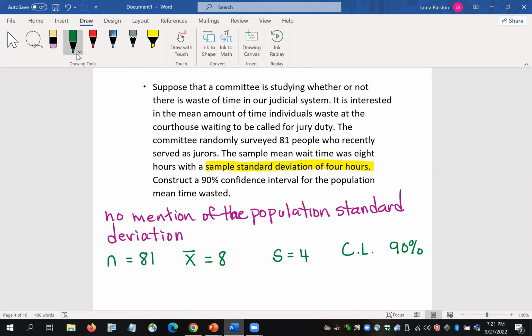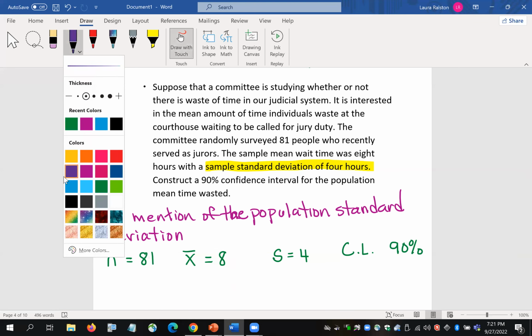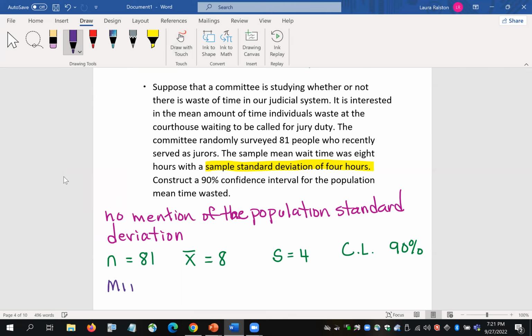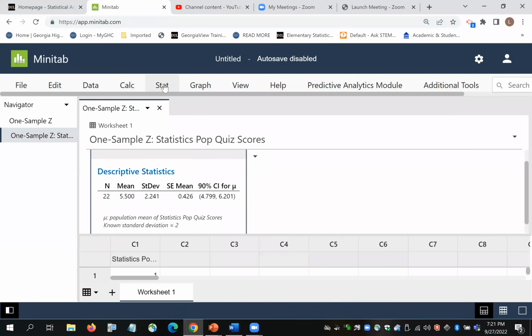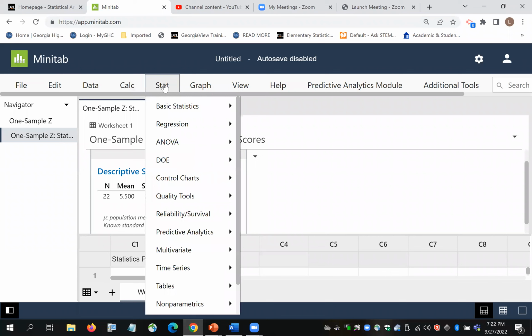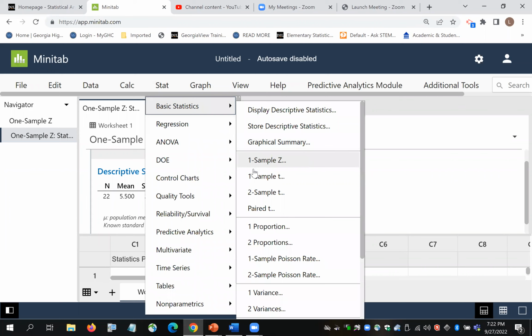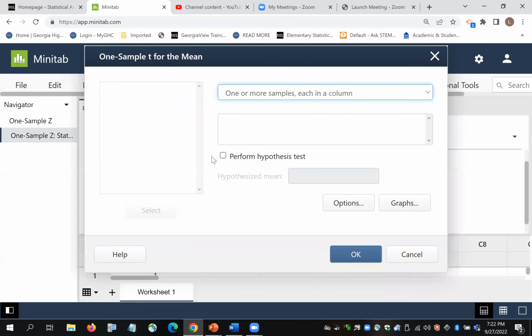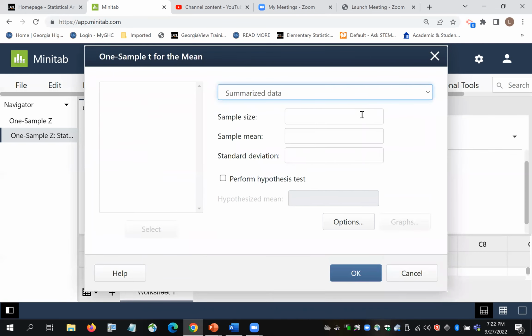Then again, we're going to go out to Minitab. We go Stat, Basic Statistics, one sample T. Again, we have summarized data. My sample size was 81.